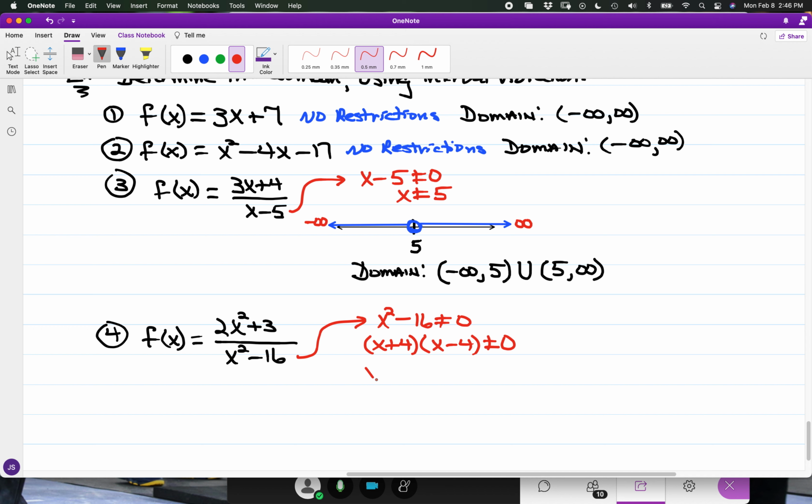So if x plus 4 cannot be 0, then x cannot be negative 4, and if x minus 4 cannot be 0, then x cannot be equal to 4.